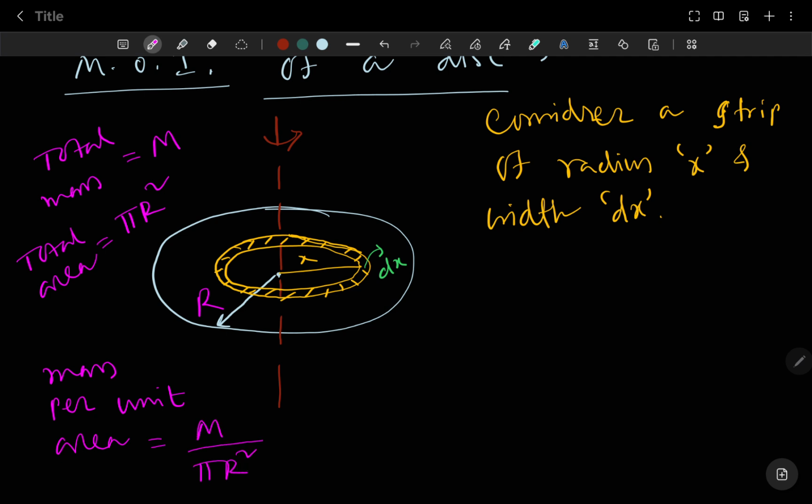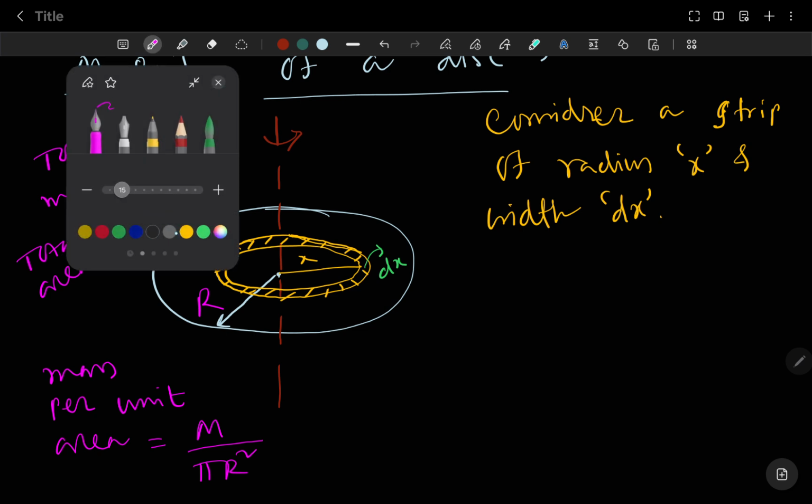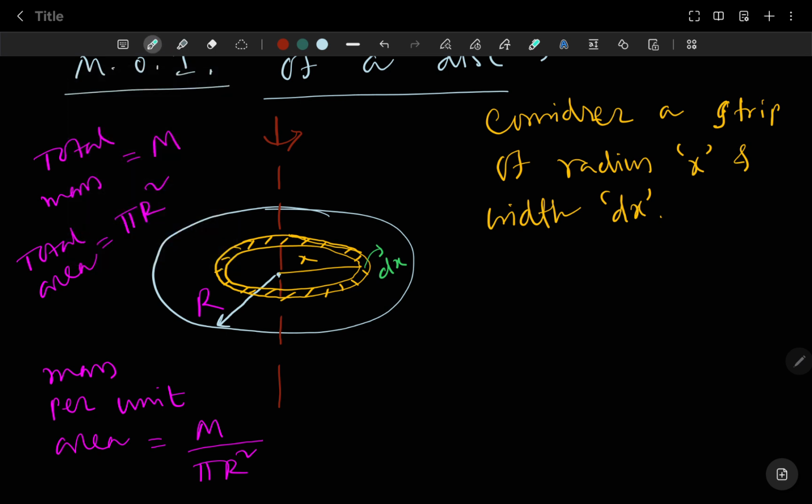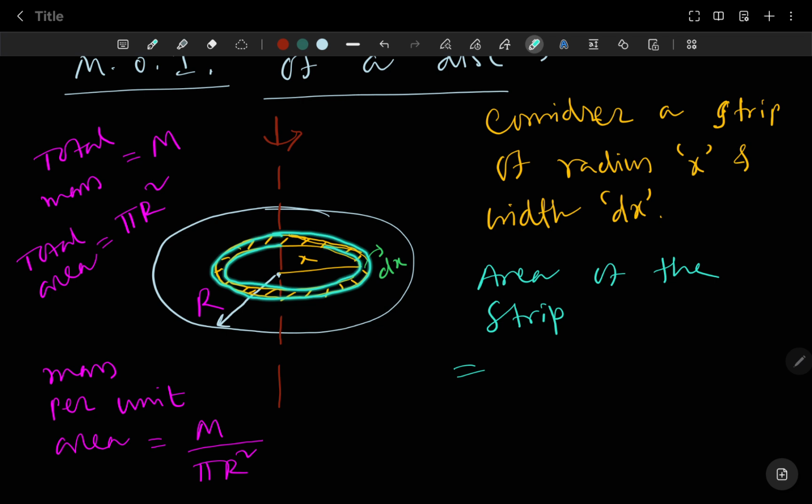So what is the area of the strip? The area of the strip will be the area under this outer circle minus the area of the inner circle. Okay, so I will get the area of the strip. Alright, fine.